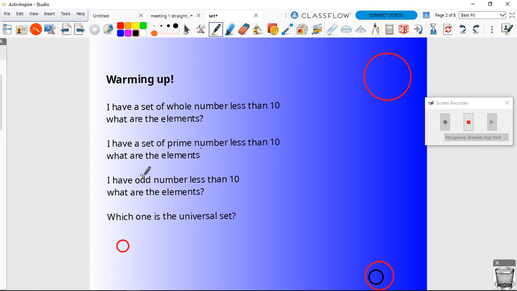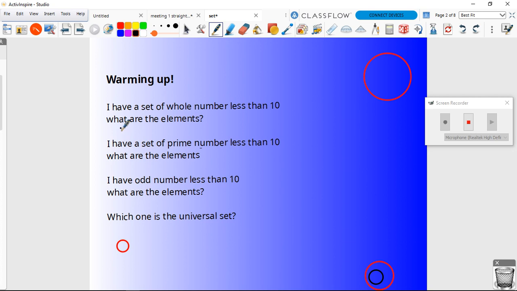So for warming up, I have these three kinds of sets. Let's try to find out the elements of it. So the first one is a set of whole numbers less than 10. Could you mention all the elements of this set?